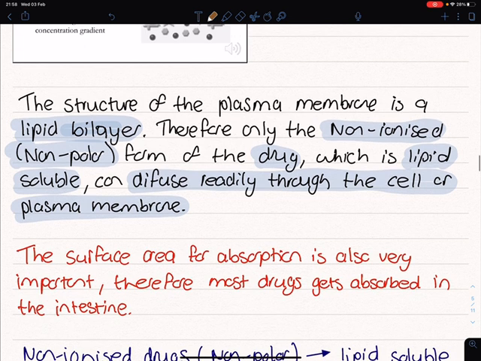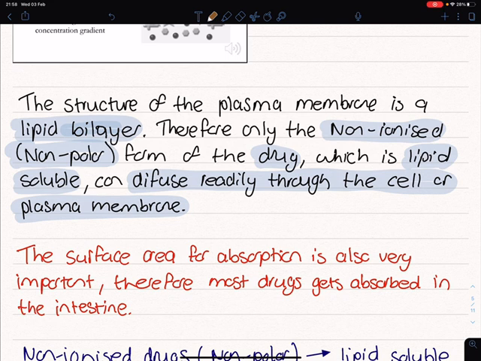Okay, so what I'm going to say now is very important: the plasma membrane of a cell consists of a lipid bilayer. Therefore, if you administer a drug, that drug should be lipid soluble so that it can diffuse through the lipid bilayer.